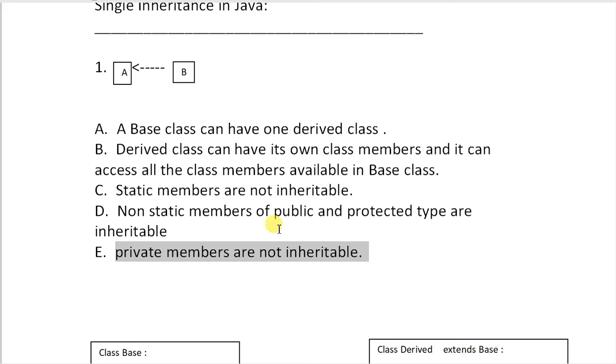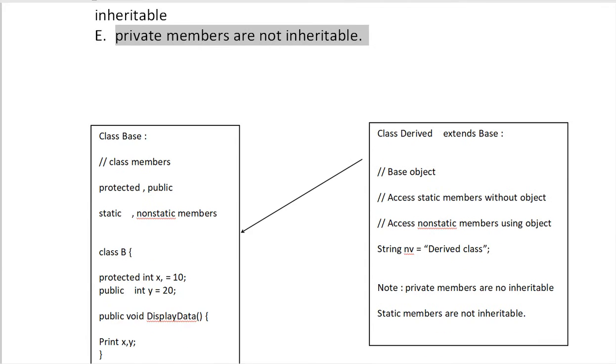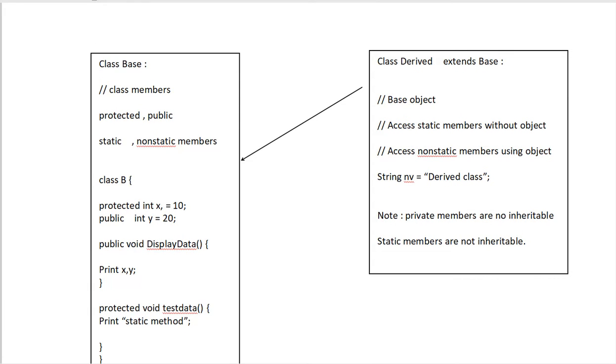But the members which have private access specifiers are not inheritable, we cannot inherit private members of a particular class. Let us have a look at the pictorial description as pseudocode, so that we can convert it into code, execute it and understand the inheritance concept a little better.